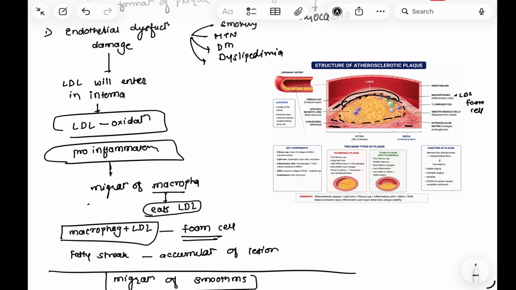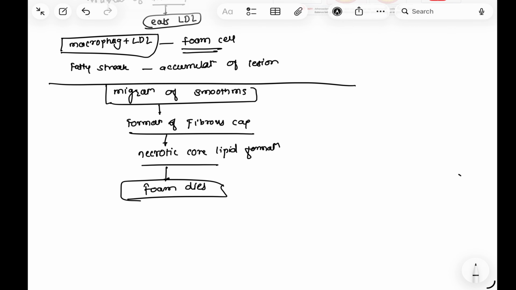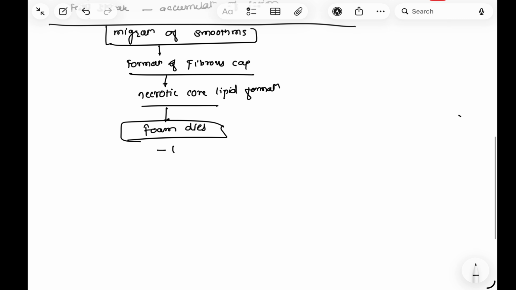You can see these are the smooth muscles that are being migrated to the intima, right? After this, there is a necrotic lipid core formation. What do you mean by this? The foam cell dies. So what is remaining? There is only lipid and fibrous cap.